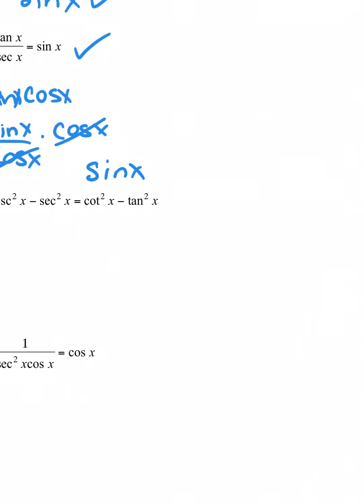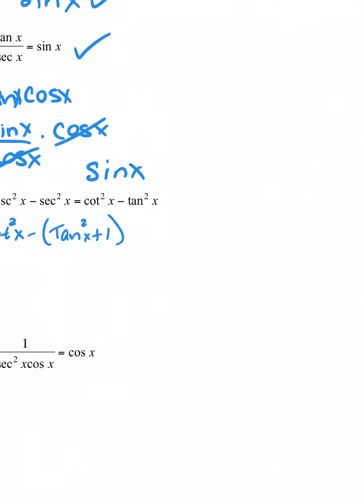Whenever we see the squared trig functions, we're going to look at the Pythagorean identities. And cosecant squared is equal to 1 plus cotangent squared. And secant squared is equal to tangent squared plus 1. But remember, there's a minus sign in front of the secant, so we leave that in front of that parenthesis, and we're going to distribute that minus sign throughout.